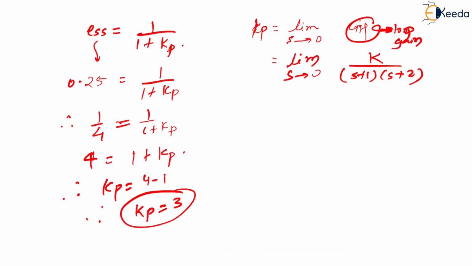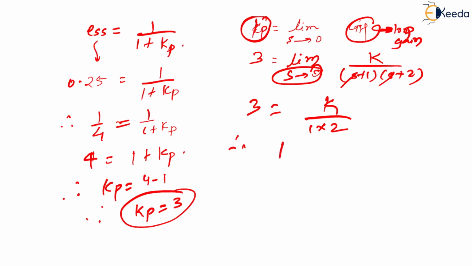Correct? Yes. Now see dear, a beautiful thing has happened. Do you know the Kp value? Yes, we know that it is equal to 3. So let me put it here. As soon as I put s equal to 0, these terms become 0. So I get K upon 1 into 2, and this is 3.